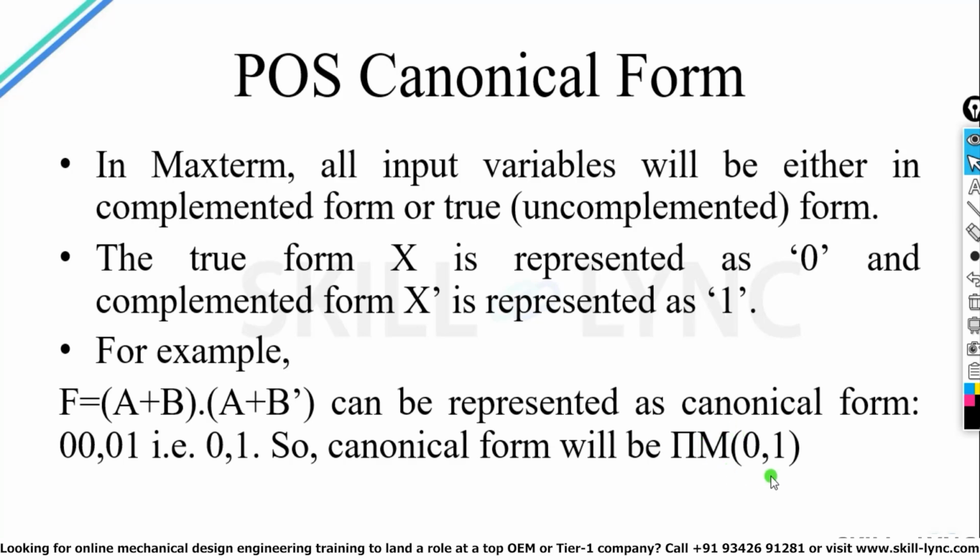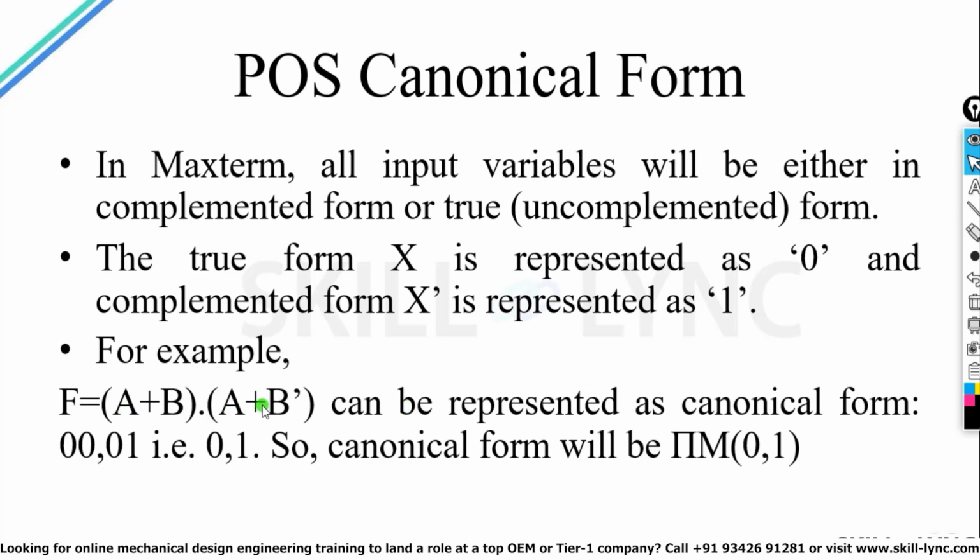From where does this 0, 1 appear? Take this function f equal to a plus b into a plus b bar. Here a is in true form, not complemented, and b is also in true form, but it is POS, a case of maxterm, so it becomes 0 0. Because 0 means a is there, so we take 0. If it is a bar, we take 1.